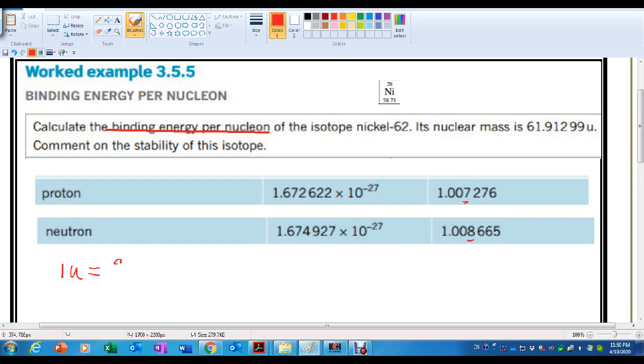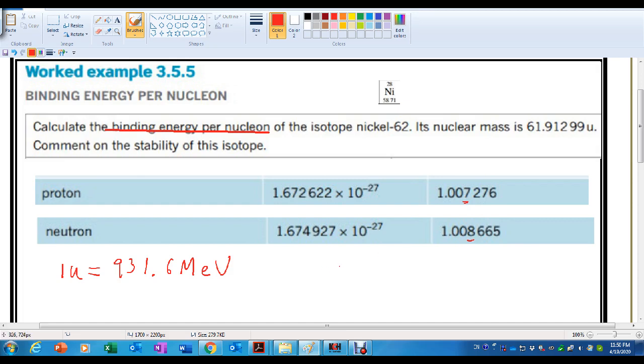You need to know that you have to find them, otherwise you don't know how to calculate. So there is lots of data to find the binding energy per nucleon. If the examination doesn't provide this data with the question, you have to go to the formula sheet or data sheet to get all these things.